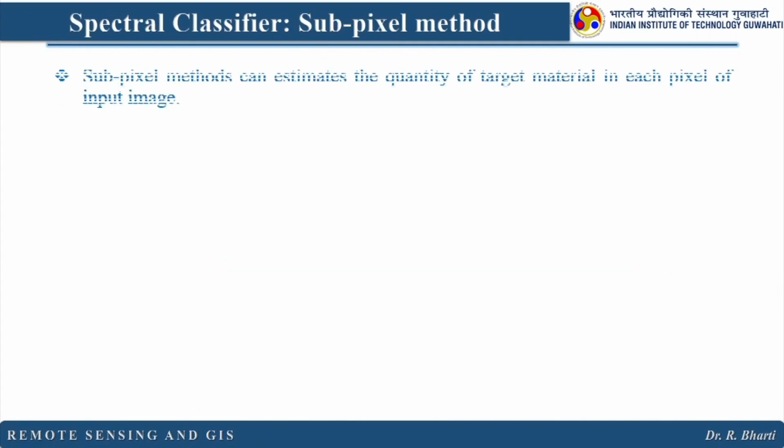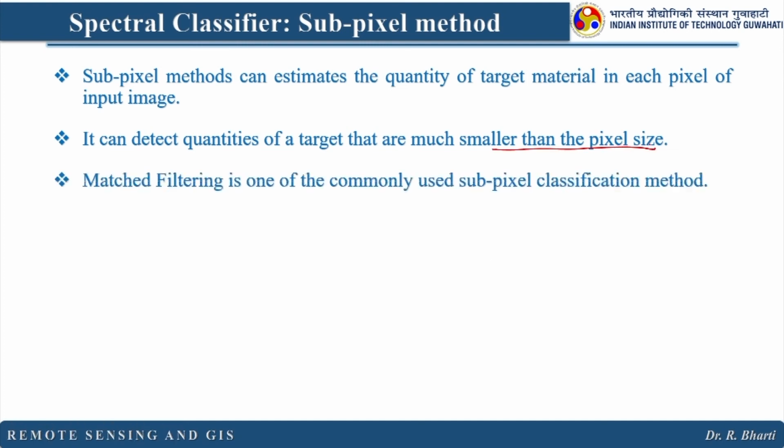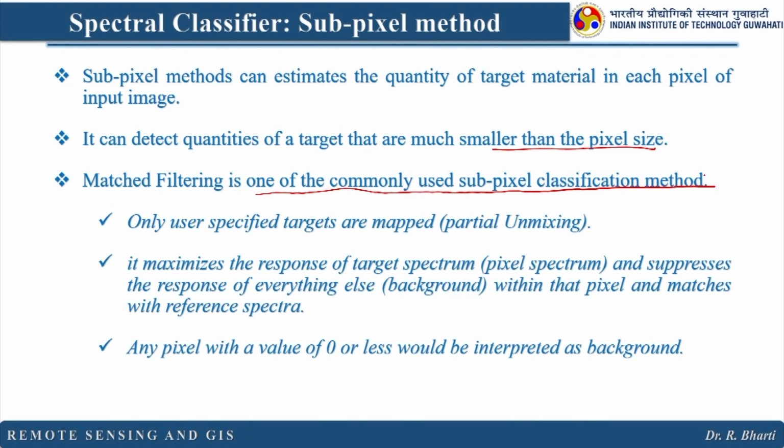In the subpixel method, basically we estimate the quantity of target material in each pixel of the input image. It can detect quantities of a target that are much smaller than the pixel size. Matched filtering is one of the commonly used subpixel classification methods.